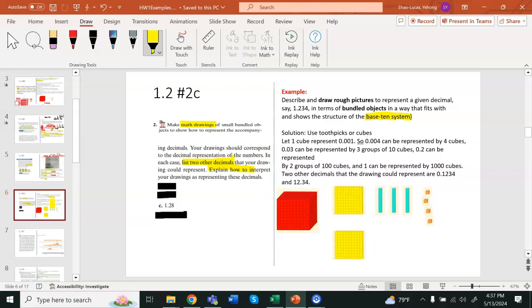Okay, so when you use objects to represent decimals, it's better to start from the smallest.